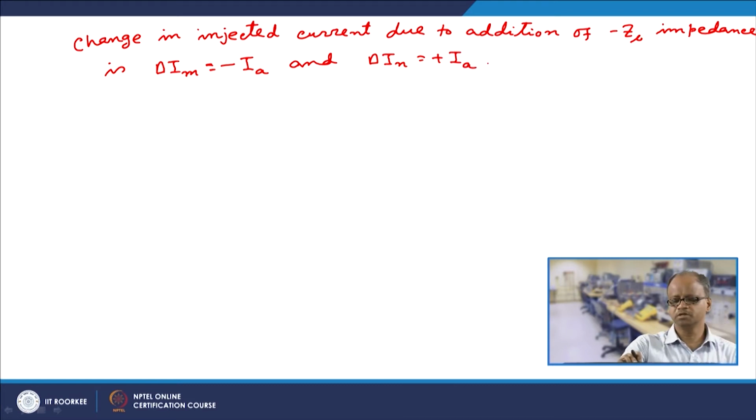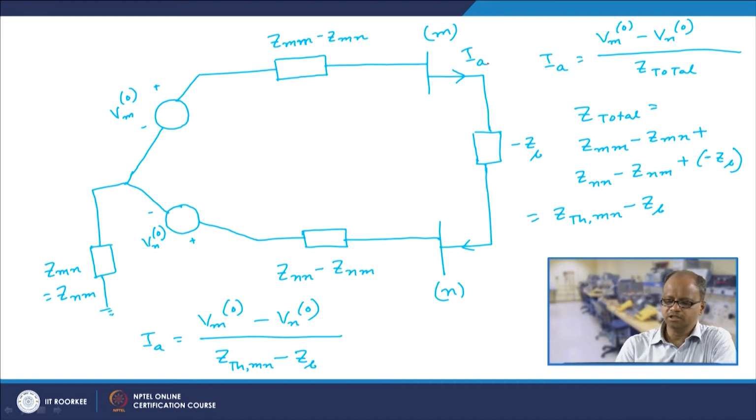It is obvious from this, because I_A is going away from bus M and I_A is coming into bus N. So, the change in injected current at bus M would be minus I_A and at bus N would be plus I_A, right.